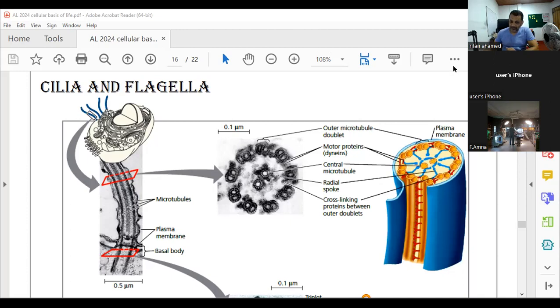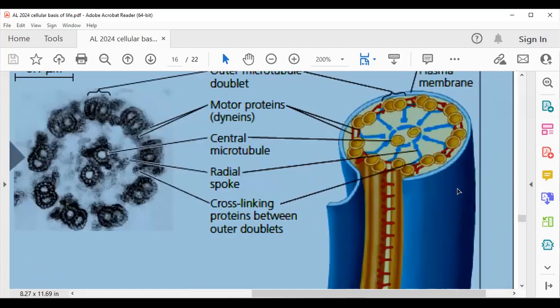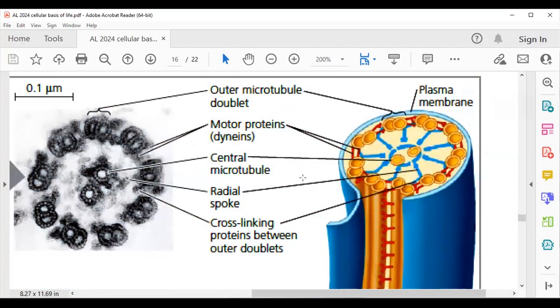In the case of cilia and flagella, if you see this picture, the blue colored material surrounding the cilia and flagella is the plasma membrane.